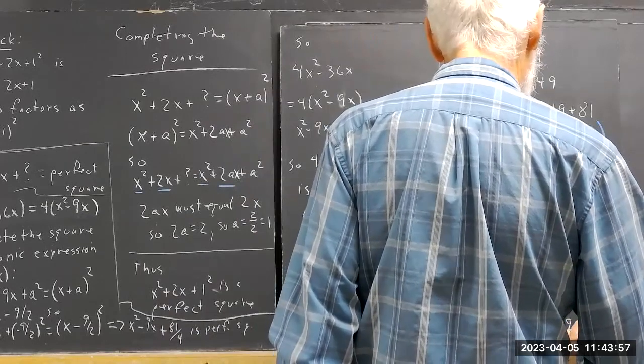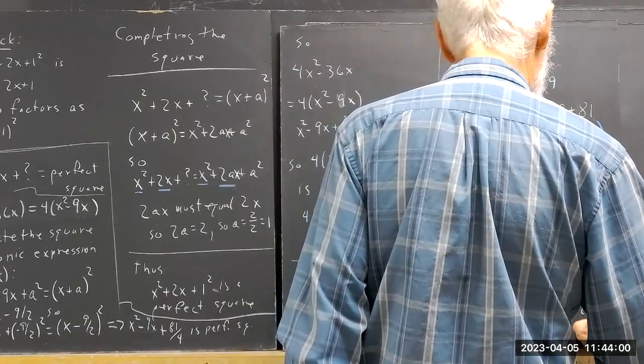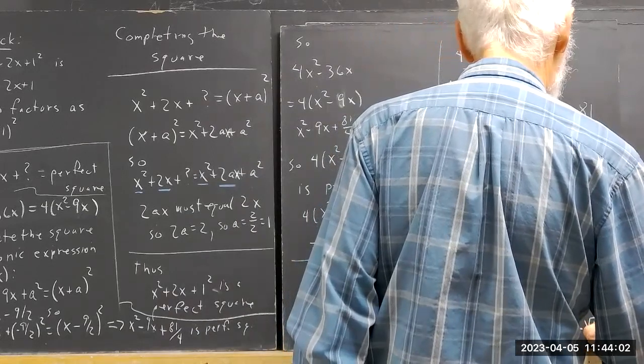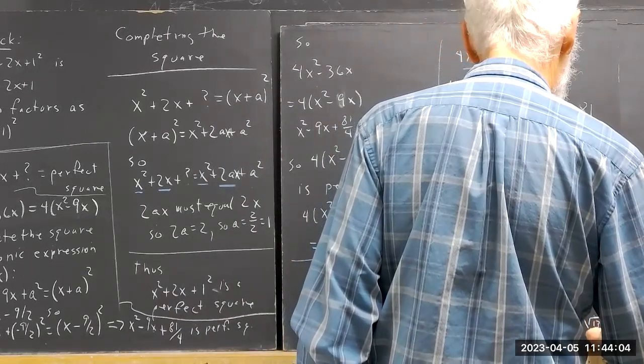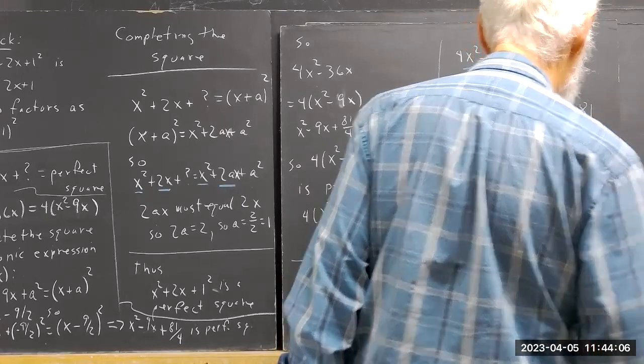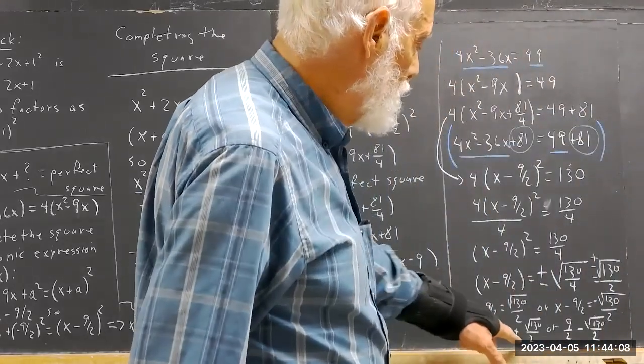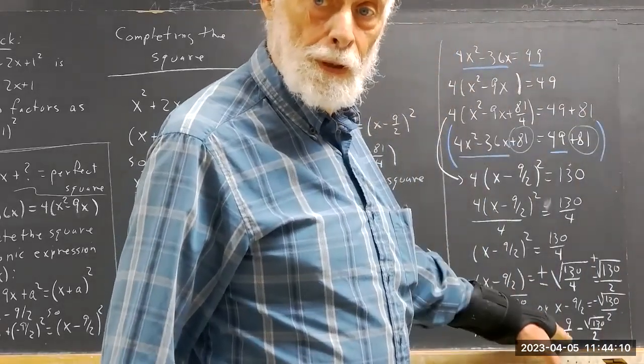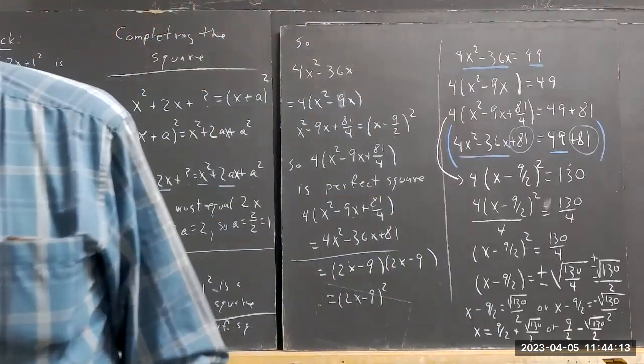I want to write x equals here, but I don't really have room. So, 9/2 plus the square root of 130/2, and 9/2 minus the square root of 130/2.